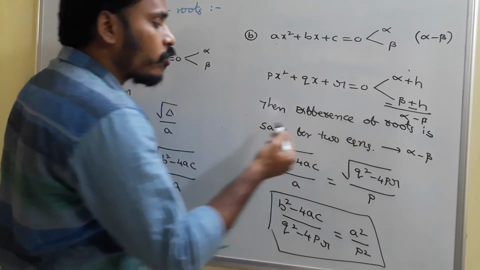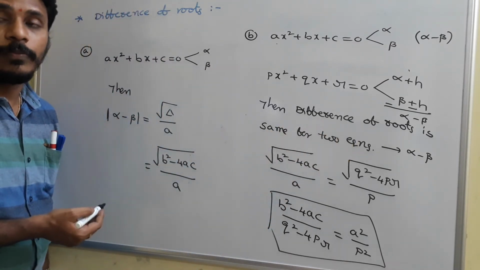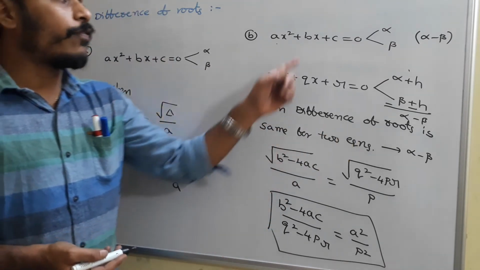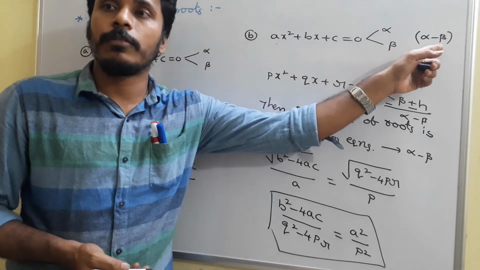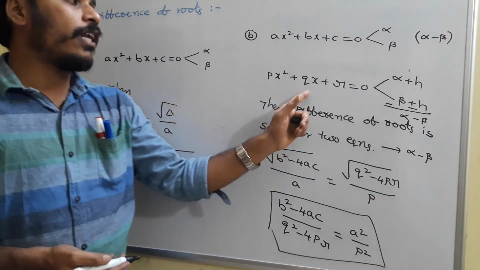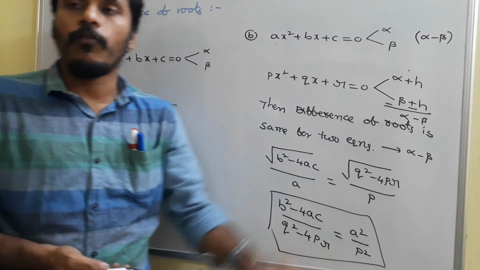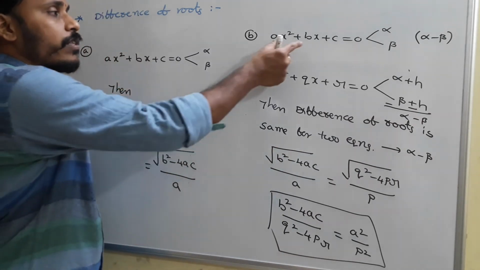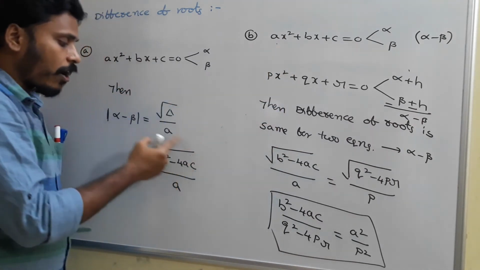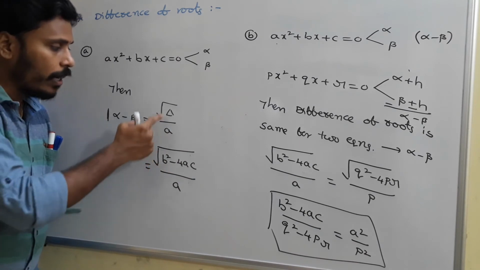Because the difference of roots is the same for the two equations. The difference for the first equation is alpha minus beta, and similarly the difference for the second equation is also alpha minus beta. That means the difference is the same. So the difference is already derived by root delta by a.